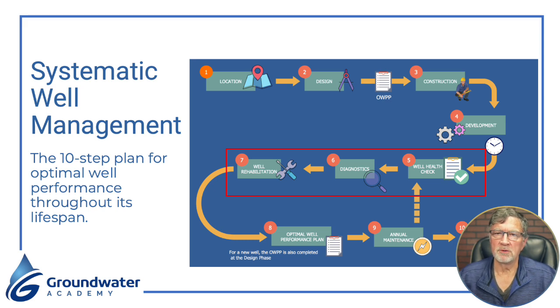But really the well health check process focuses on this middle part that we have outlined on the slide, and that's where the well had some life to it. It's starting to run into some problems, and you're approaching your first well rehabilitation. So you want to start looking at what your specific problems are so you can dial in the well rehabilitation technique that's going to be most appropriate to your well.